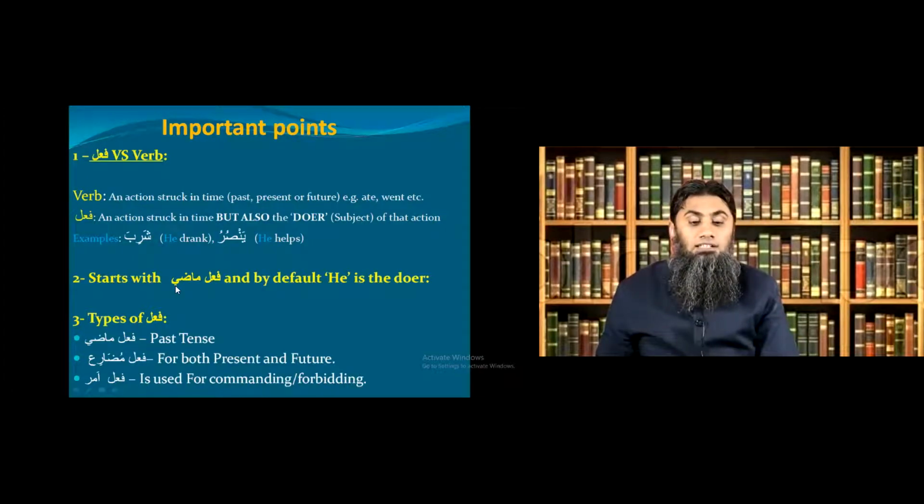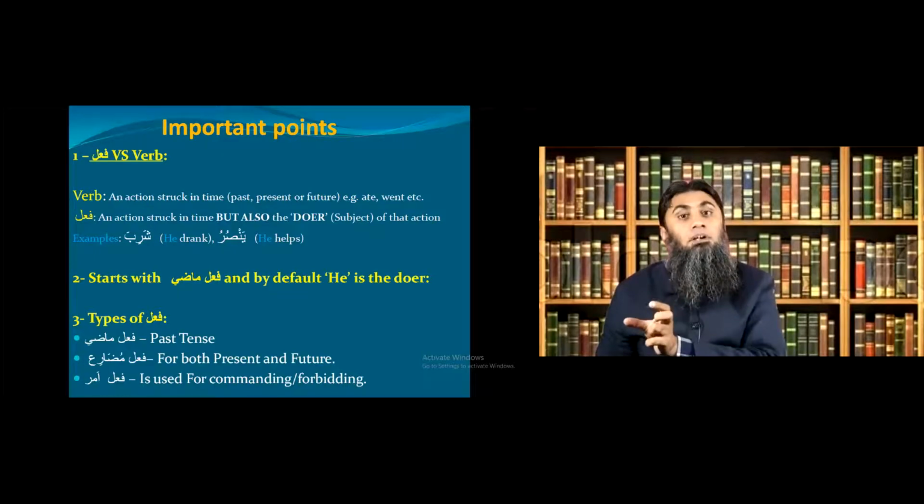Second point, it starts with fail madi, and by default he is the doer. For example, if in English I say go and then I say went, first I say the present form of the verb and then the past tense.